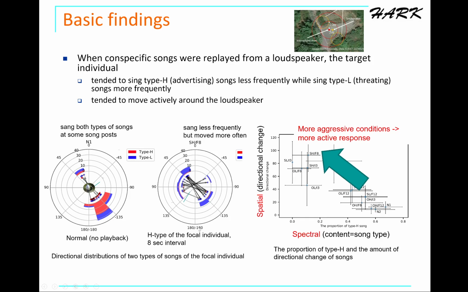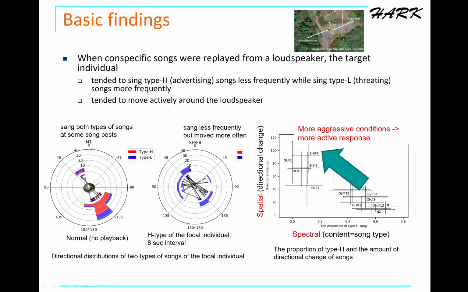On the other hand, when we replay the song of the same species, you can see that this individual tends to sing only type L songs, and tends to move actively around the loudspeaker.